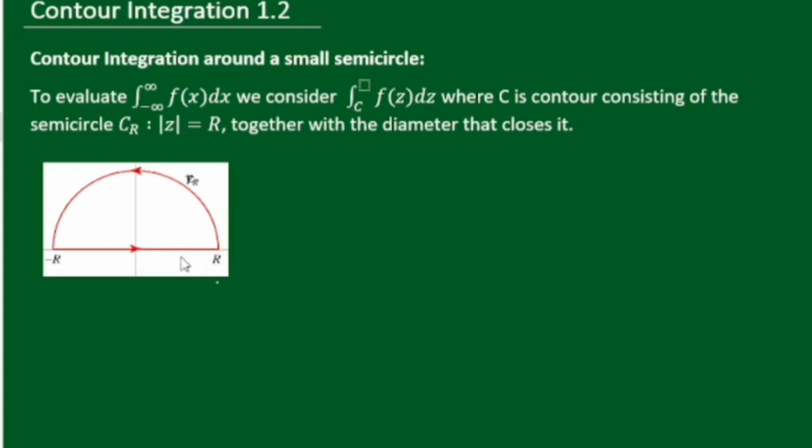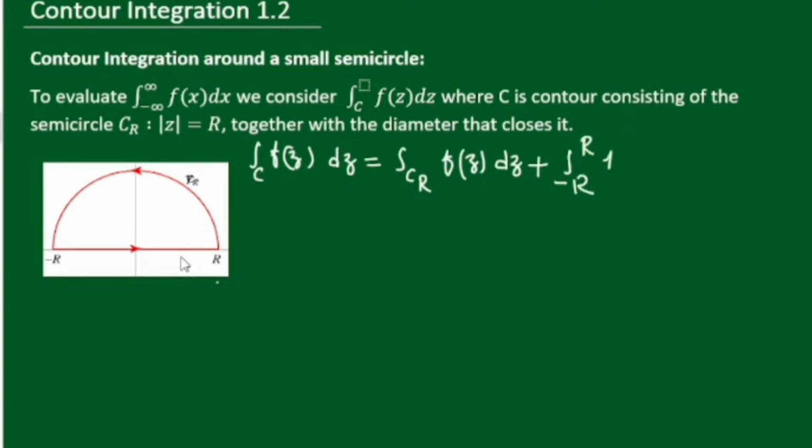So we can write the integral along C of f(z) dz is equal to the integral along C_R of f(z) dz plus the integral from minus R to plus R of f(x) dx. Call it equation A.